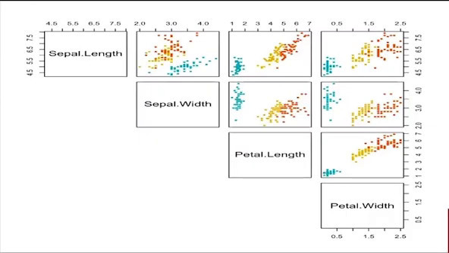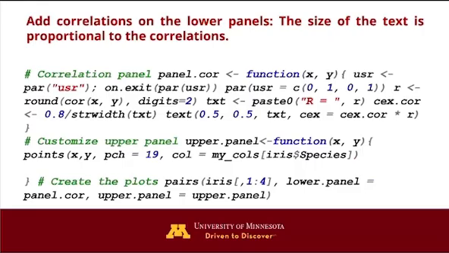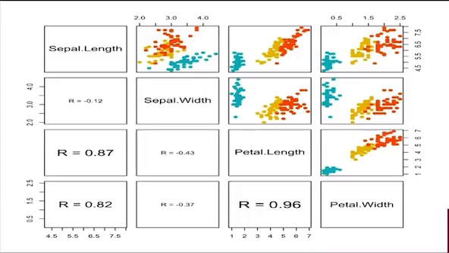If I want to add correlation values, and I remember in the ongoing assignment I asked you to add correlation values, you can see this code here: add correlation on the lower panel. You're going to have this result. You can see the correlation value now.